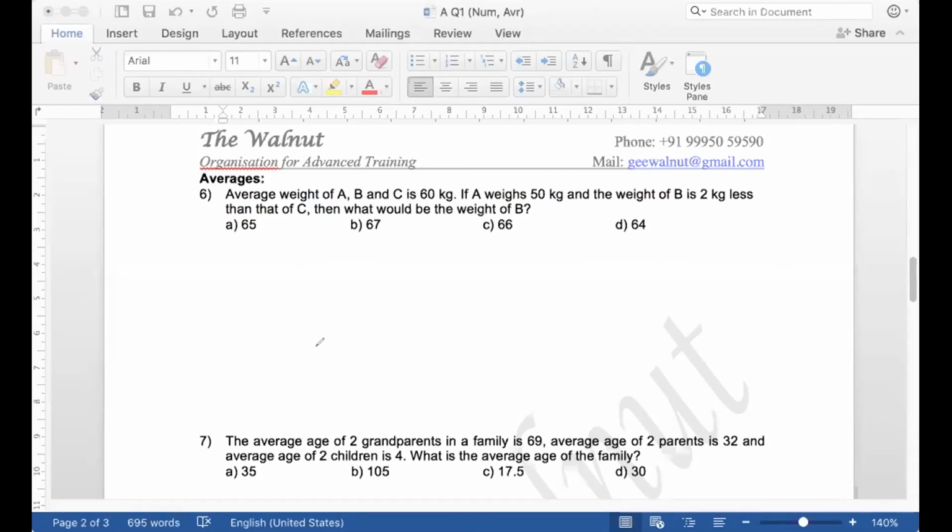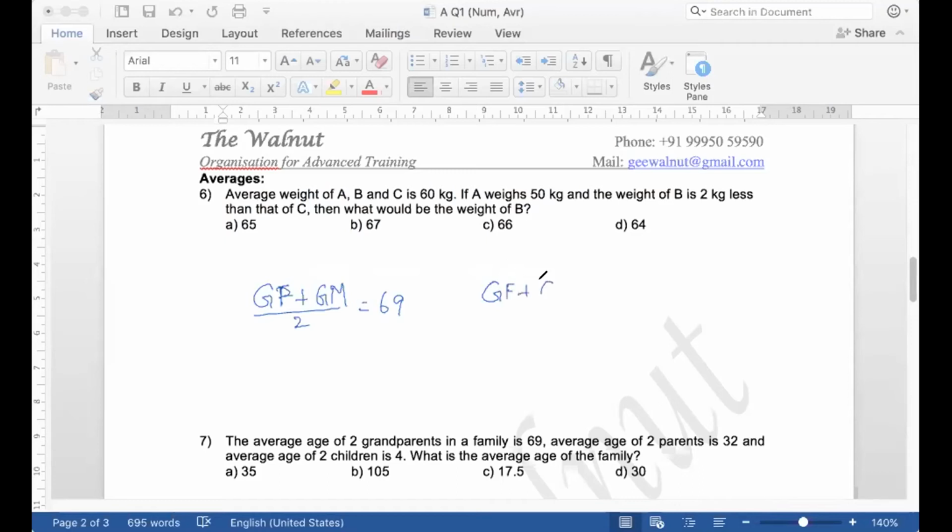So average age of two grandparents in a family is 69. So two grandparents, grandfather and grandmother, average age means divided by 2, that is equal to 69. So what is the total age of grandparents?